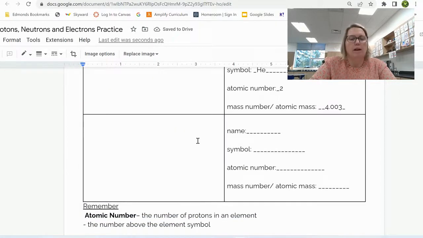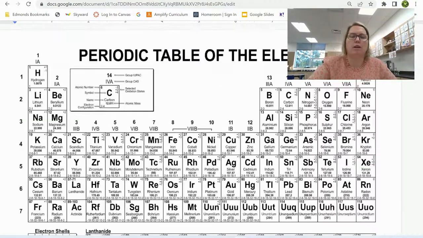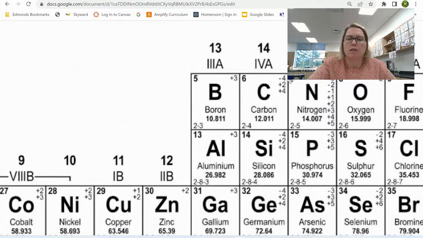All right, now let's choose a different element. Let's use nitrogen. If we look here at nitrogen, the number up top is 7, and the number down below is 14.007.